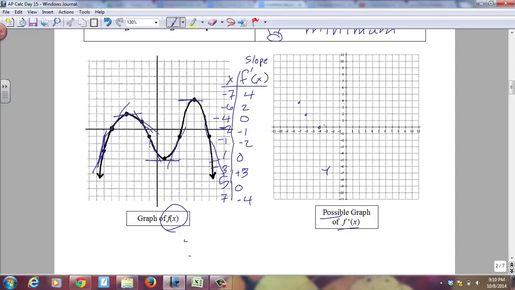Negative 2, I'm going to graph negative 1. Negative 1, negative 2. Actually, I think that should be, no, that's right. Oh, we didn't do 0, but we did 1. 1 is at 0.